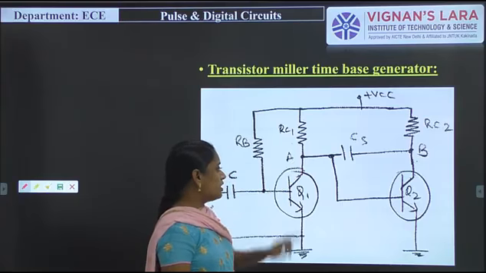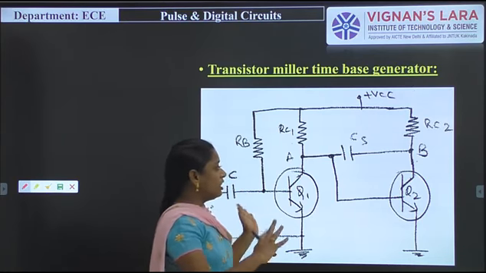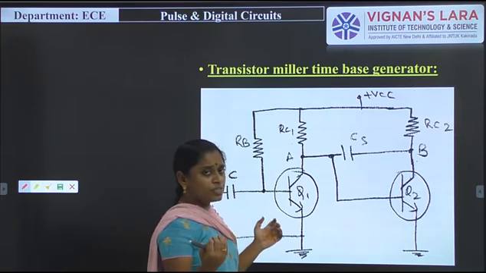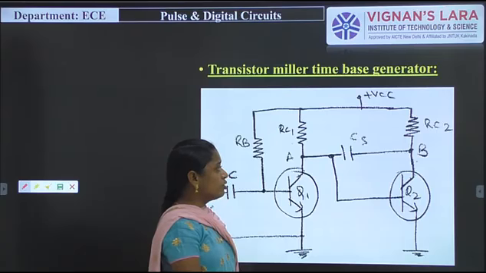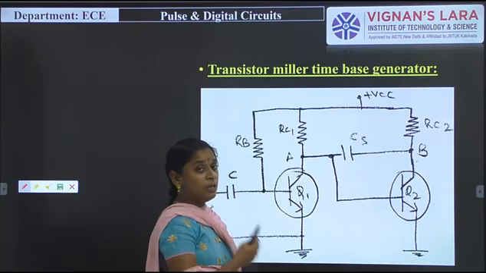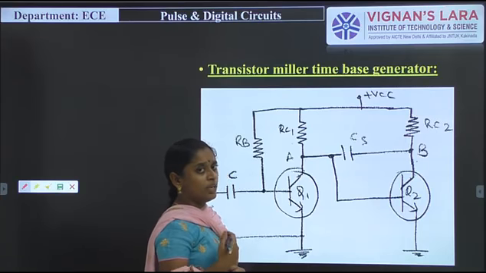The output of Q1 is connected to the input of Q2. At the same time this output is connected to the B. In between the Q1 and Q2 outputs I am connecting a capacitor, whose action will change based upon these outputs.